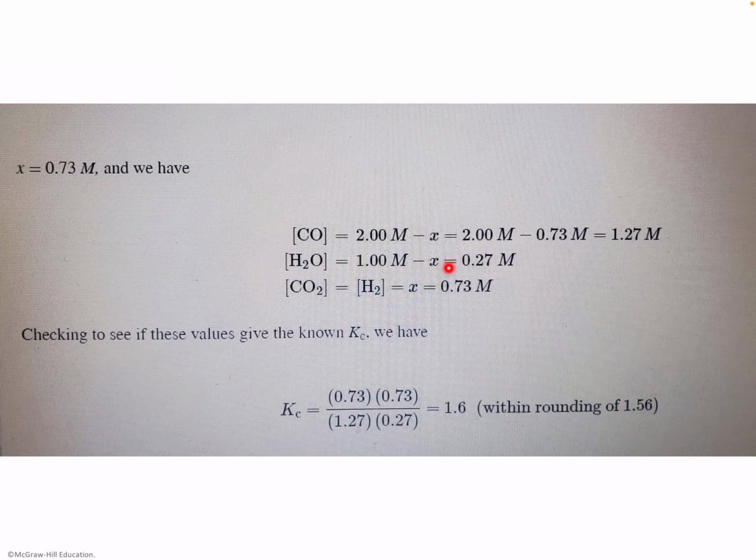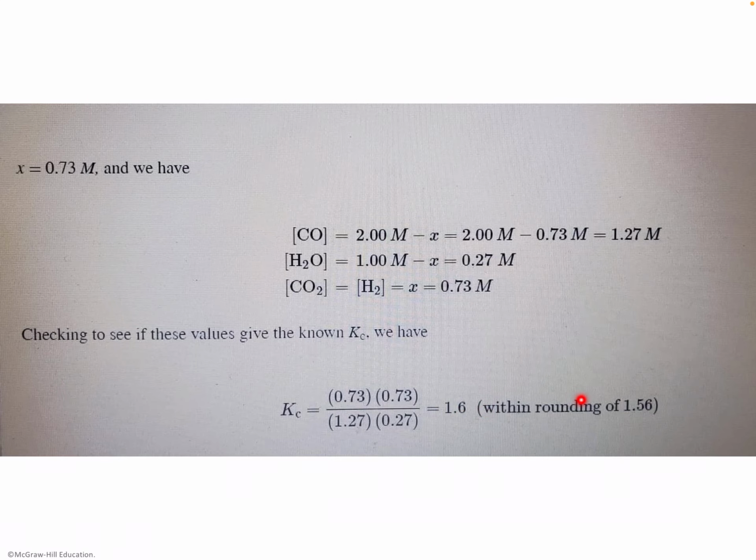So 1 minus x, 1 minus 0.73, 0.27. Carbon dioxide and hydrogen are going to be 0.73, the x amount. Now since we found these as our equilibrium concentrations, we can put these numbers into the Kc expression and see what value we get. 0.73 times 0.73 over 1.27 times 0.27. So 1.6.